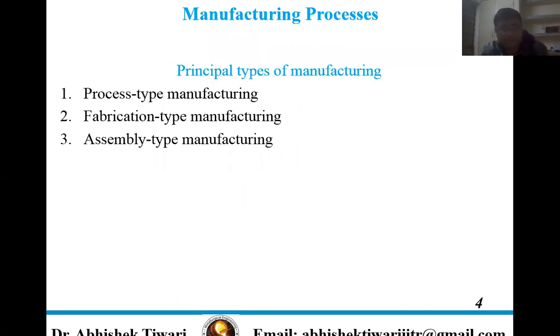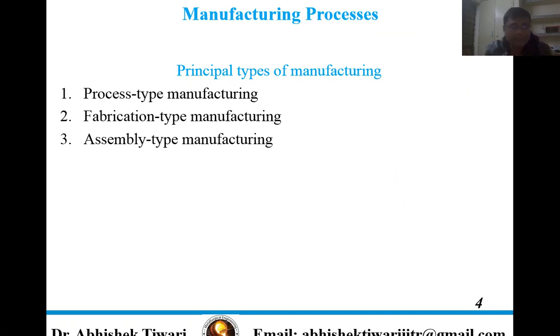So the principal types of manufacturing can be classified in three types: process type manufacturing, fabrication type manufacturing, and then assembly type manufacturing.